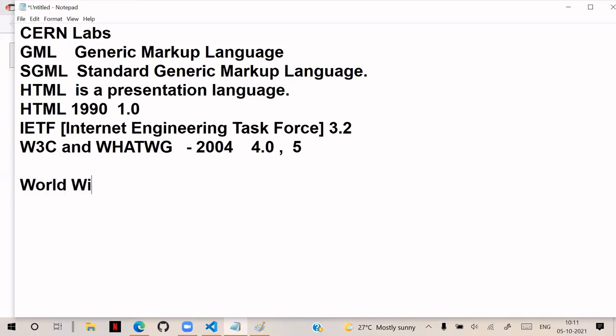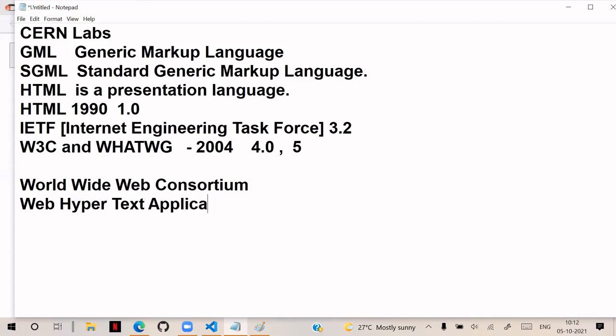W3C, the World Wide Web Consortium, and WHATWG, the Web Hypertext Application Technology Working Group. These two are maintaining HTML now.